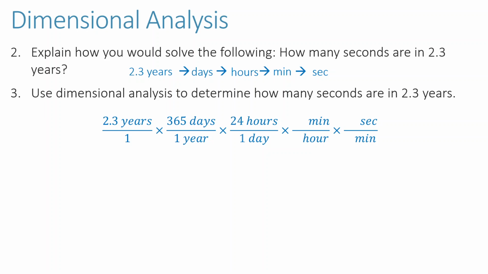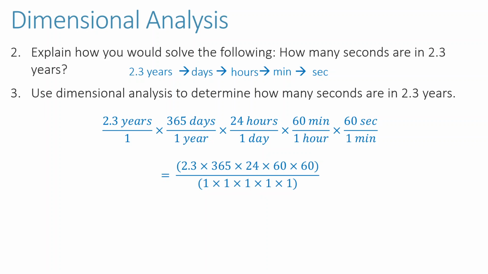And we know that there's 24 hours in a day. Next, we're looking for a conversion factor between minutes and hours. So do you know that conversion factor? We know that 60 minutes is equal to 1 hour. And then the last one, we're looking at how many seconds are in a minute, which is also 60.